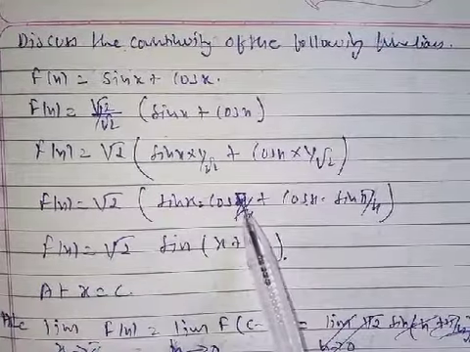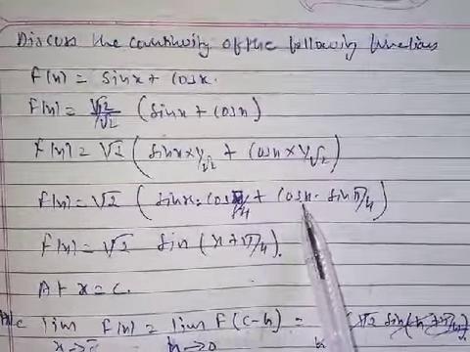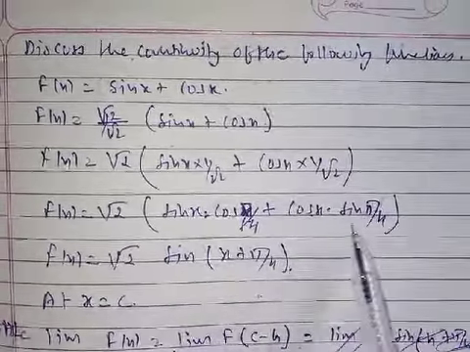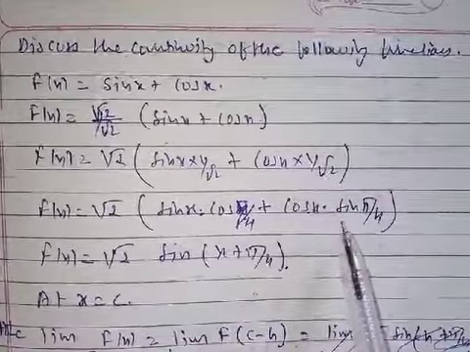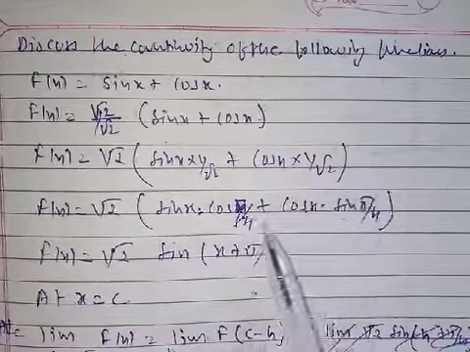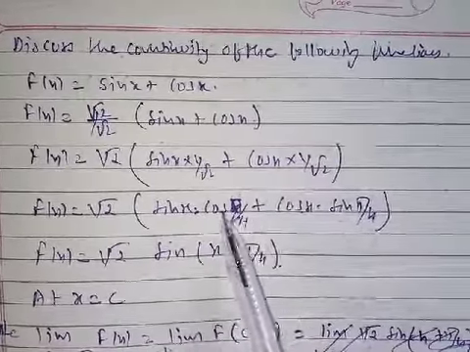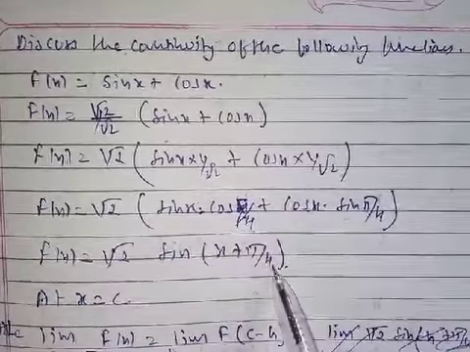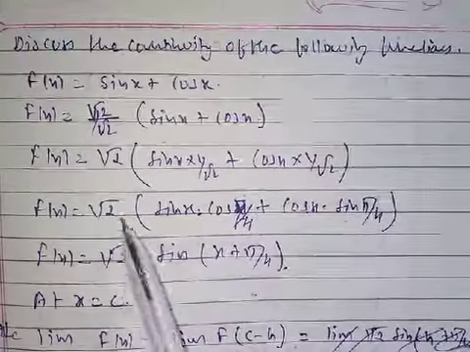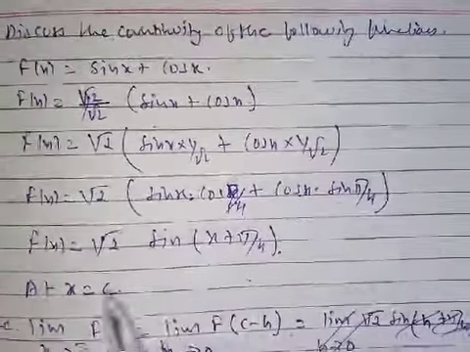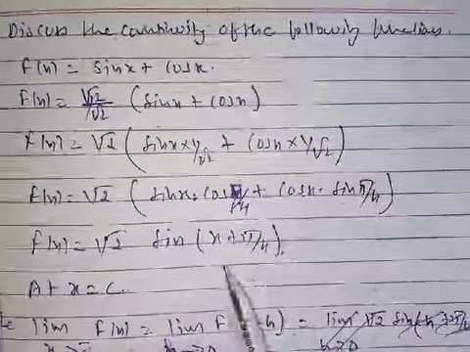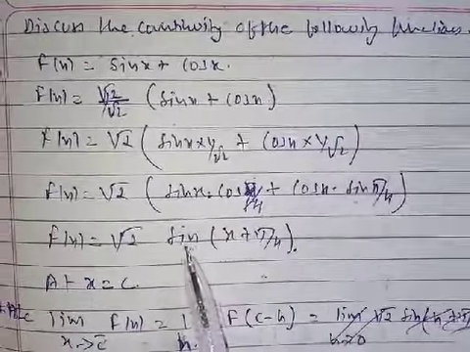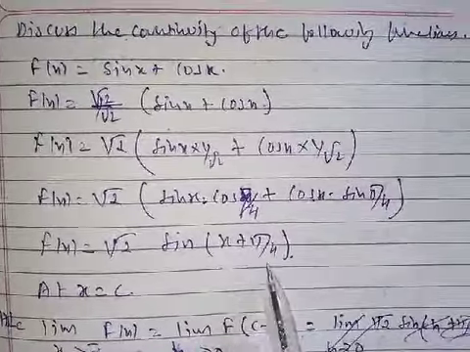Sin a cos b plus cos a sin b. This is the formula of sin(a+b). What is a? a is x and b is pi by 4. So we can write root 2 sin(x plus pi by 4), root 2 is outside. So finally we have reduced the two given functions, sin and cos, into a single function as root 2 sin(x plus pi by 4).